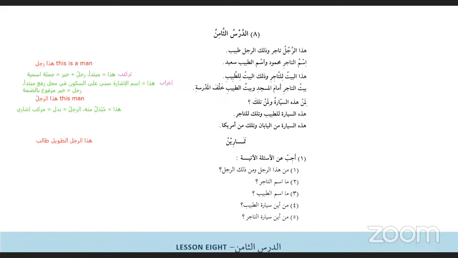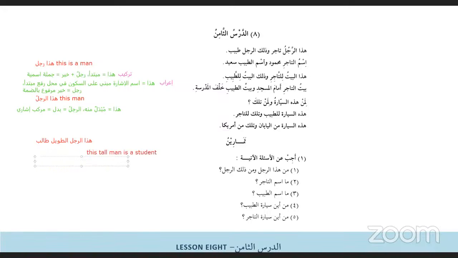So let's get the translation down. This tall man is a student. Okay, so we've got the translation down. Let's get it in red, inshallah. So this tall man is a student. Let's just put it next to it there.